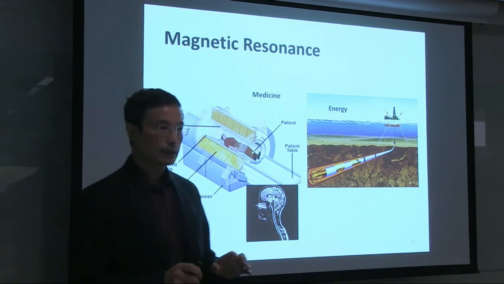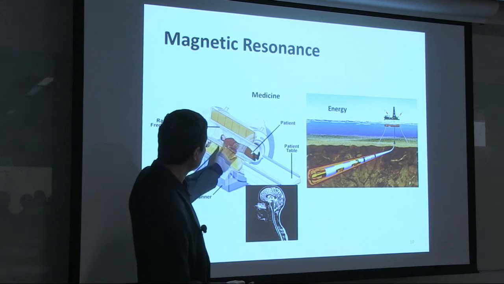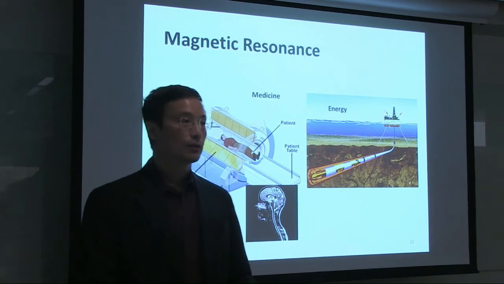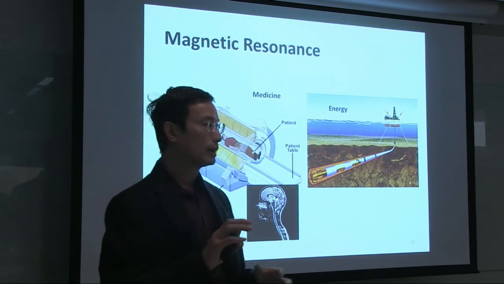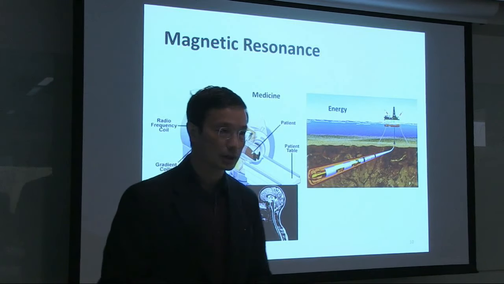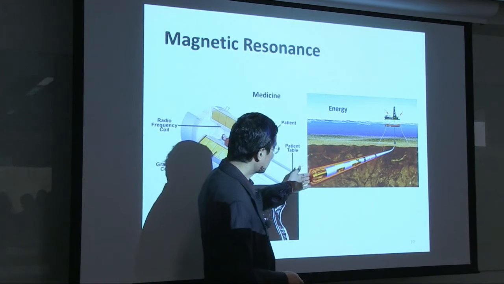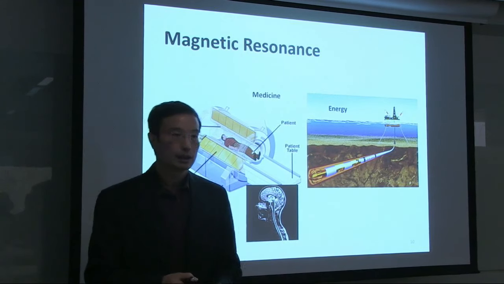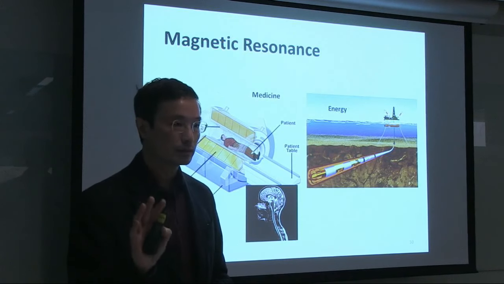But the one thing that is very limiting is that you have to put your sample, like a person, inside the big MRI machine. So for geological work, it's a little hard, right? We cannot always take samples and put them in a machine. So for geological work, we typically drill a wellbore and put an instrument on the inside of that wellbore and have that instrument be able to detect outside the instrument.